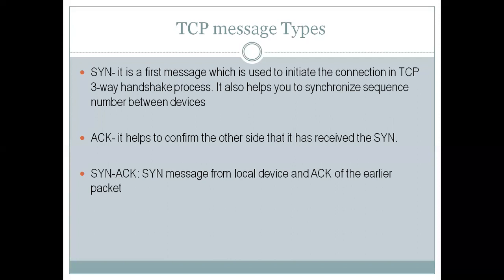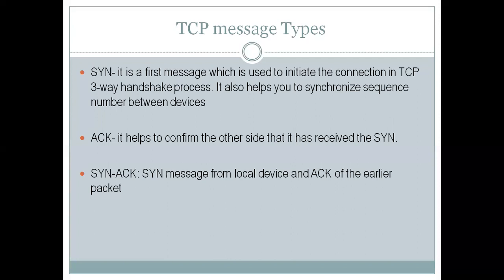In step 1, the client establishes a connection with the server. It sends a segment with SYN and informs the server that the client wants to start communication, requests to open the connection with the server, and with what should be its sequence number.